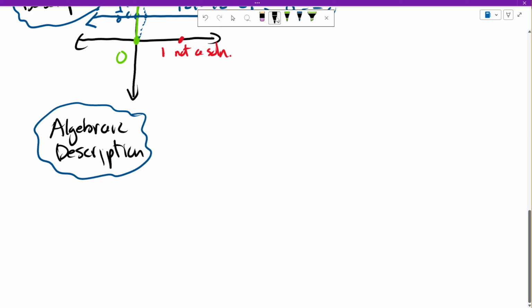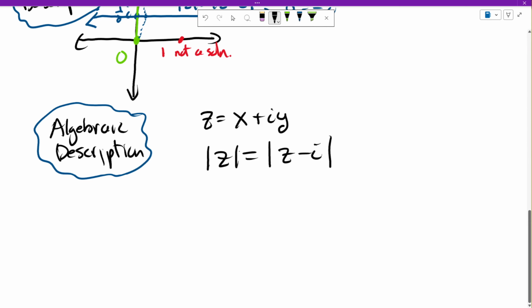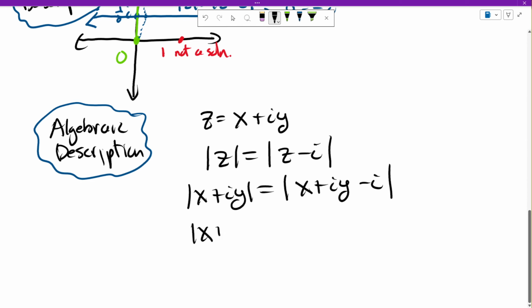We are going to take a random complex number z = x + iy. And then we're going to look at the equation modulus z is modulus z minus i. So let's plug that in. We have to do a preliminary computation on the right real quick. So let's do that. x + iy minus i. The left-hand side we'll leave alone for a second.